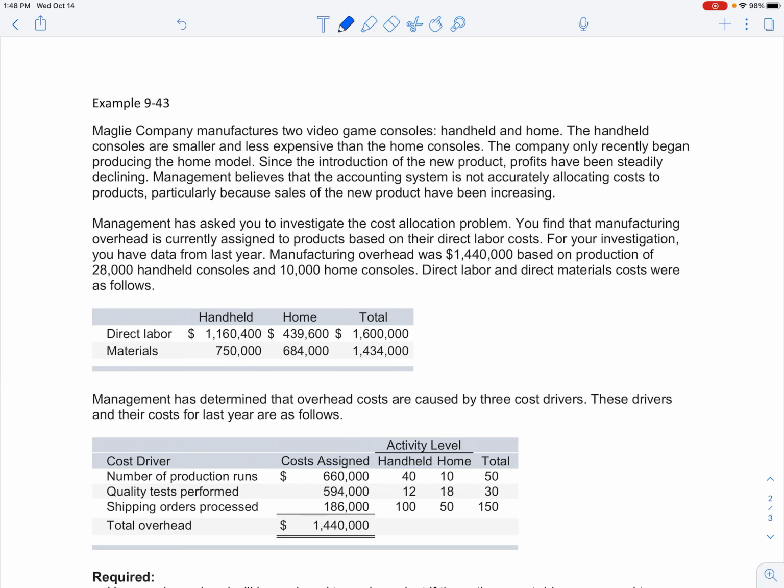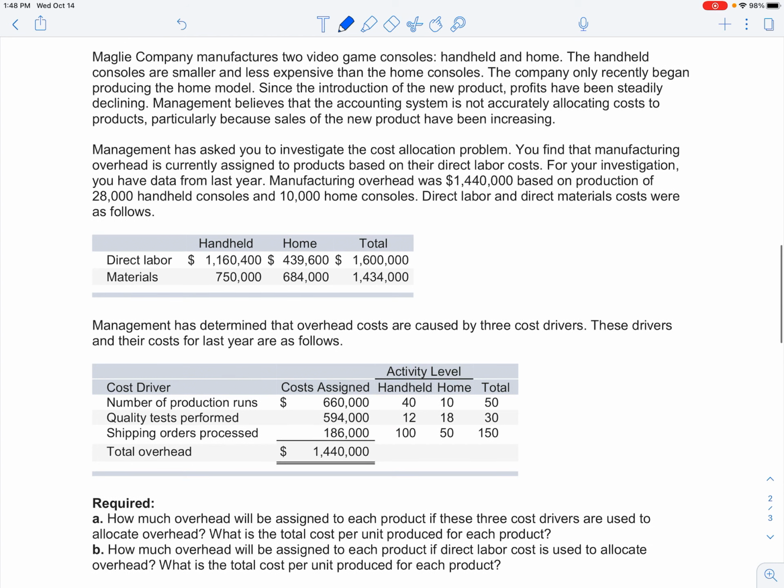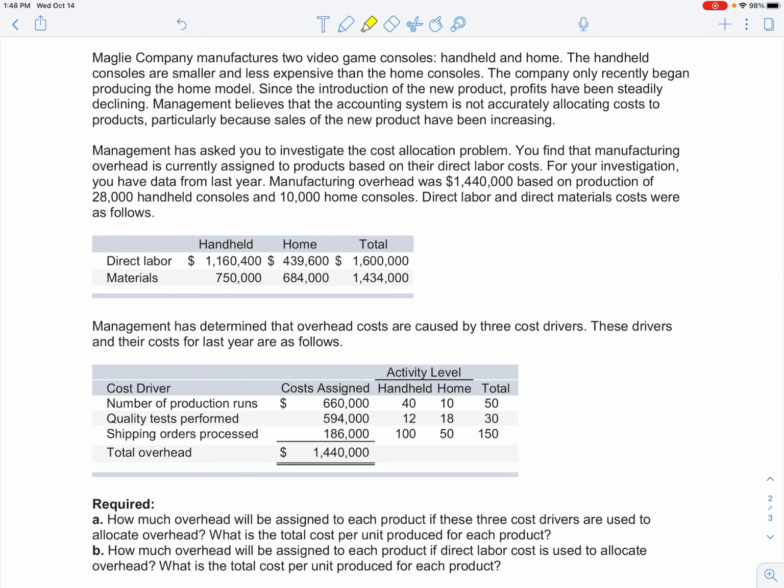What we need to do first is find out what they want. So we want to know how much overhead is going to be assigned to each product using these 3 cost drivers. Again, the cost drivers are going to be given to you. And then we're going to find a unit cost using this ABC costing. Then we'll go back and look at traditional costing if it were assigned on direct labor cost, look at the unit cost under that method, and compare those.